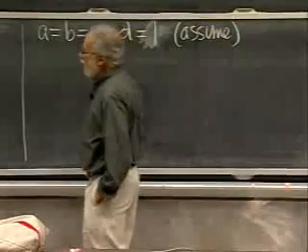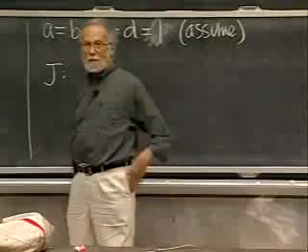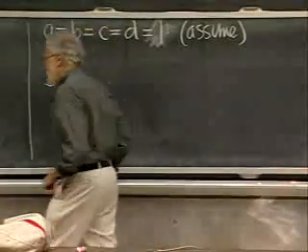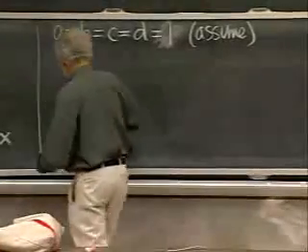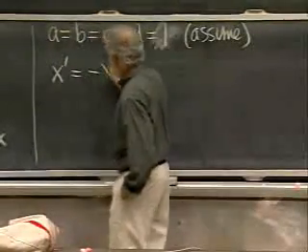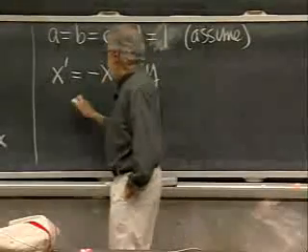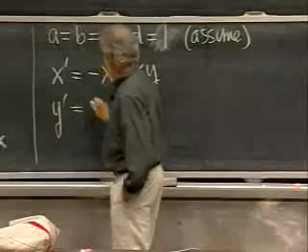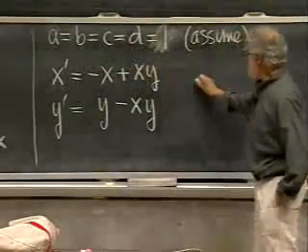Well, if everything's 1, in order to calculate the linearized system, I'd better use the Jacobian, but perhaps it would be better to write out explicitly what the system is. So the system now is x prime equals minus x plus xy, all the coefficients are 1, and y prime is equal to y minus xy. So what's the Jacobian?